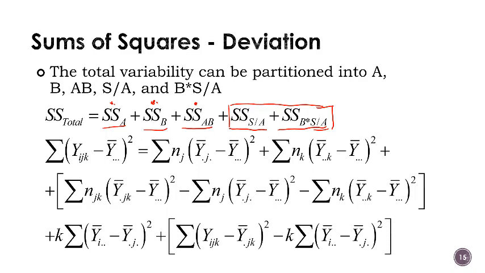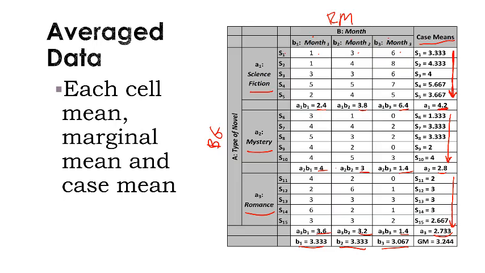So here we have each subject in each of the A and B cells, minus the grand mean. Here we have each of the A means, because this is I, and this is A and B. So I want 1 for every A level, but I want to average over I and K to get 1 mean per each of the A levels. Let's go back a second.